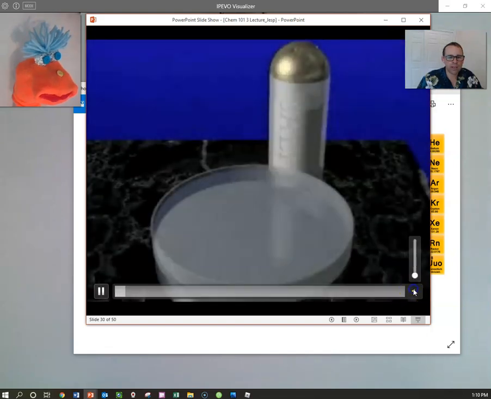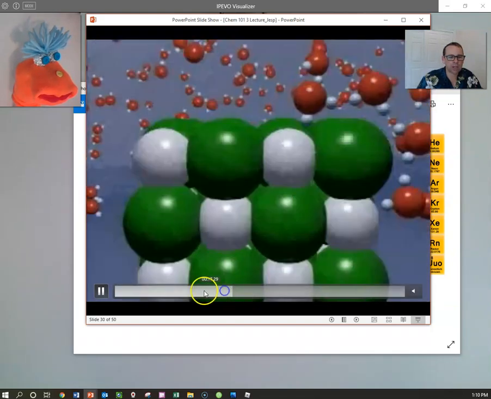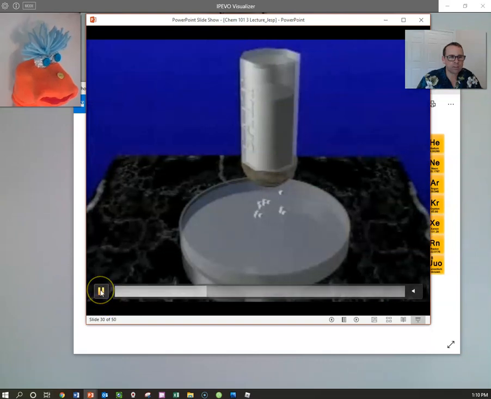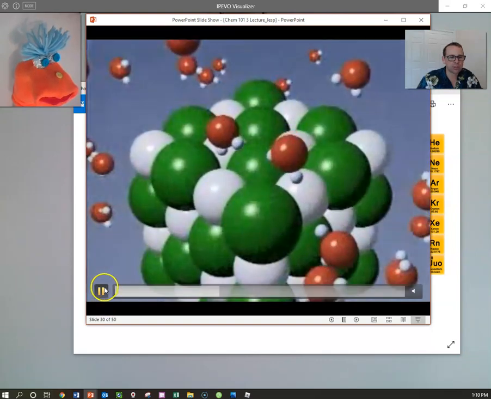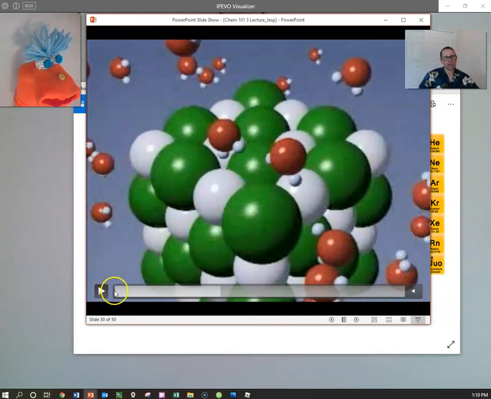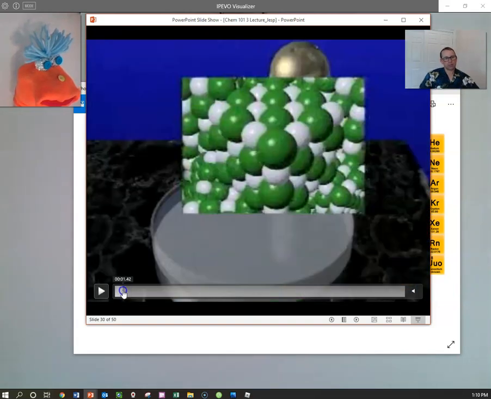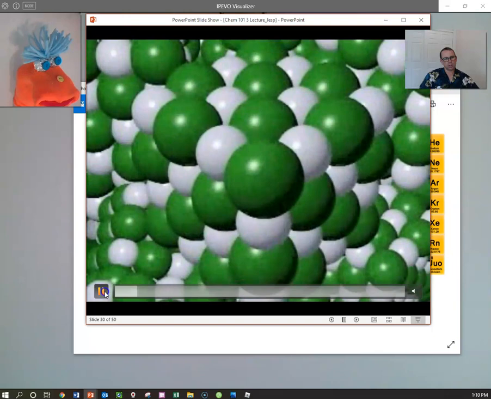We want to recognize that when we have an ionic compound, here we're putting some salt into water. When we have an ionic compound, what we have is our ions.